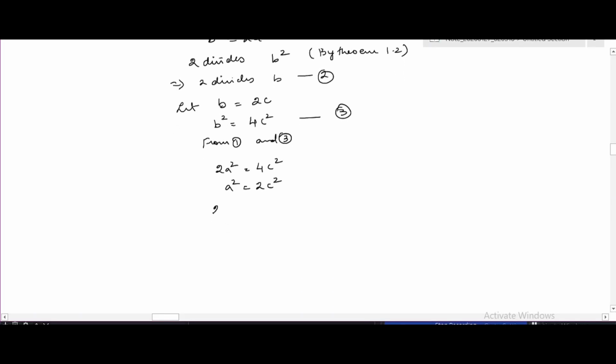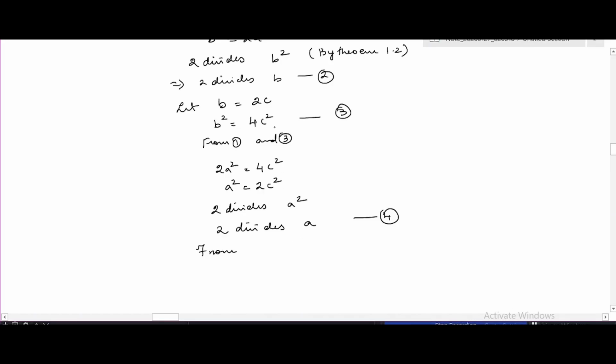So 2 divides a squared and 2 divides a. Okay, this is 4. I think if you see this video itself, you will learn this. All the sums, if you just see, you will learn this.